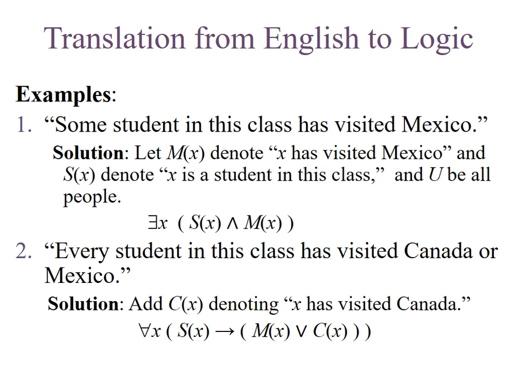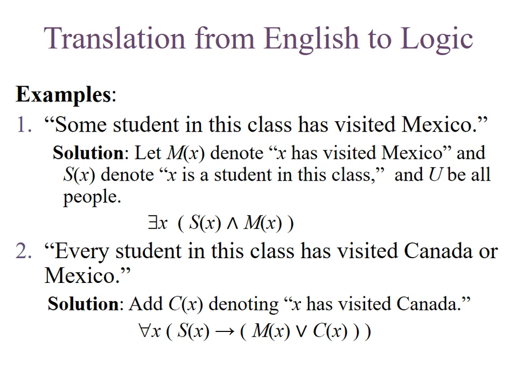All right. Next, let's see the example. Some student in this class has visited Mexico. We can define M(x) to mean x has visited Mexico, and S(x) to mean x is a student in this class. We have already seen this example, right?